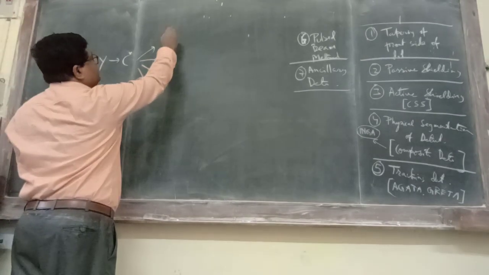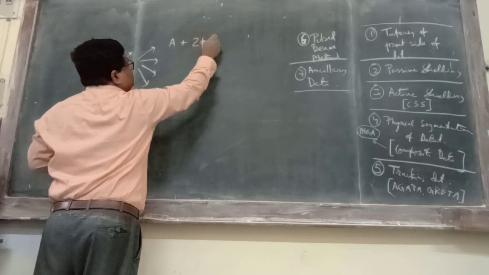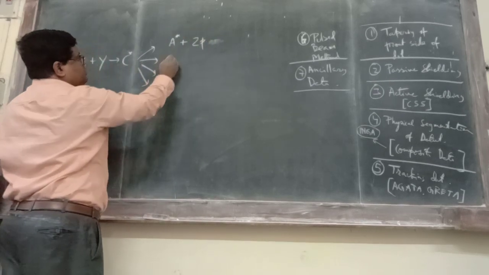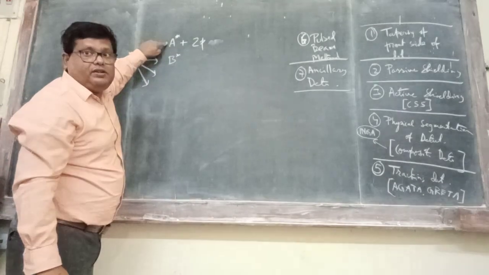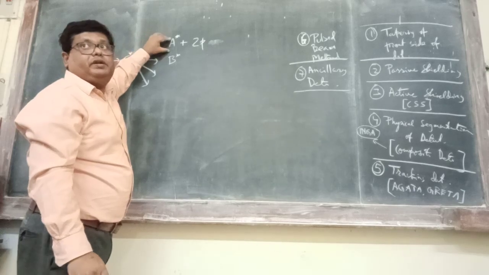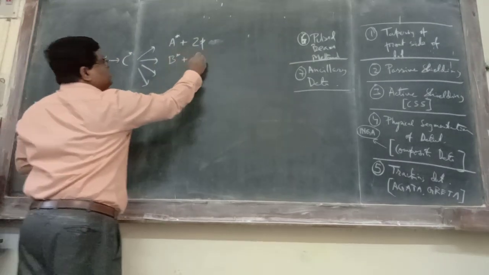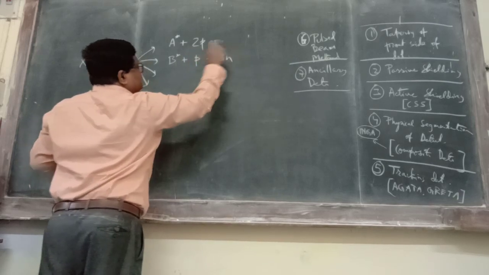Number 1, A star plus 2 protons. Next case, B star. Star means this is an excited nucleus, so this will predominantly be de-excited by gamma rays. B star plus P plus 3N.